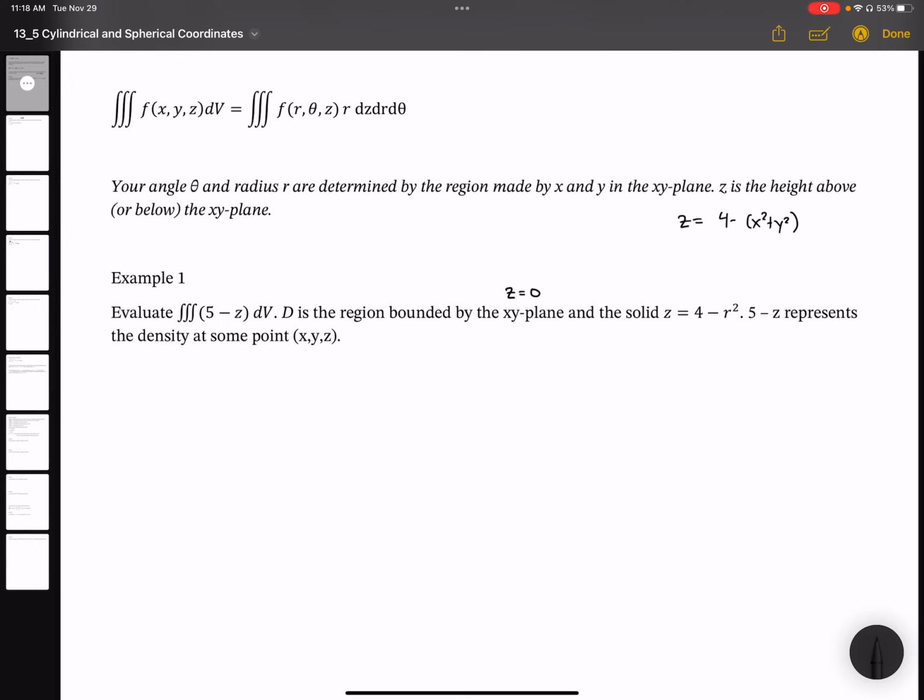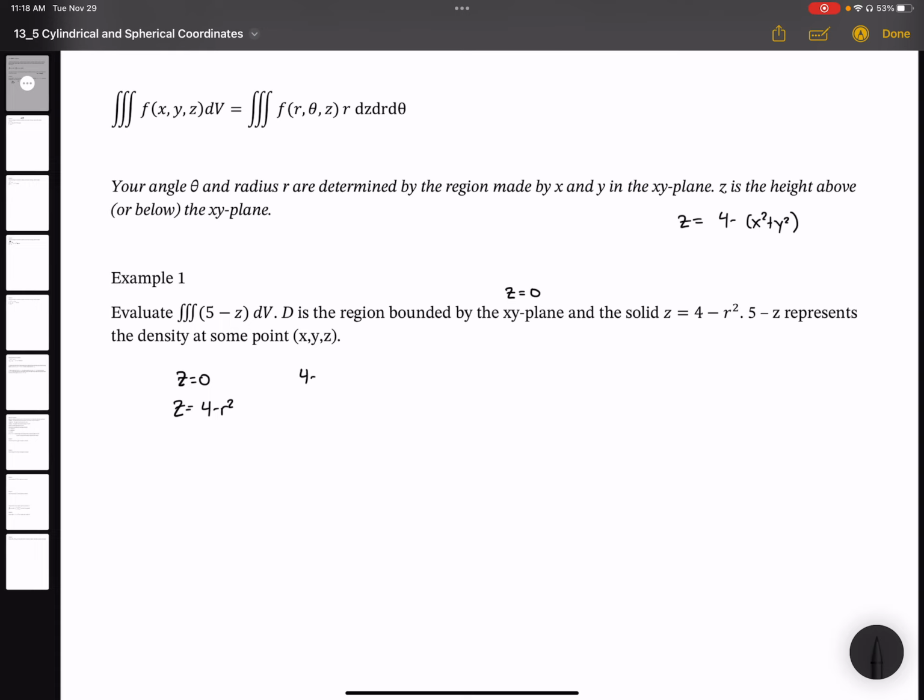Again, to find our radius value, we're going to set our two surfaces equal. The intersection of those surfaces is the region that we're integrating over. So we have z equals 0, which is the xy plane, and z equals 4 minus r squared for the paraboloid.